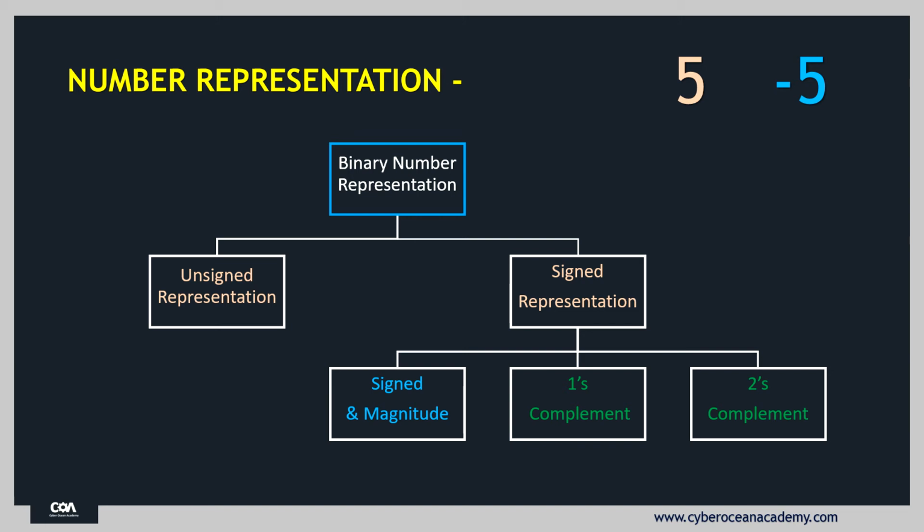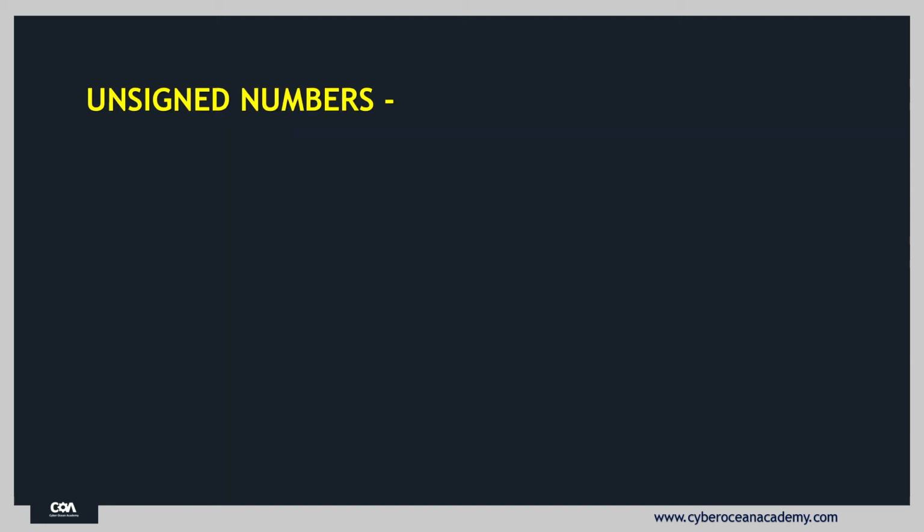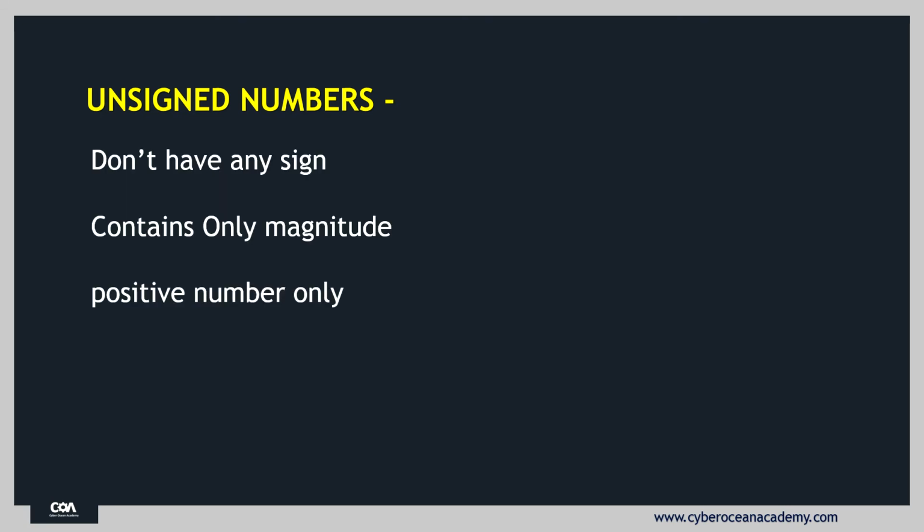Let's understand the basic things, like what is a signed number and what is an unsigned number. Unsigned numbers do not have any sign. They only contain magnitude, so positive numbers only are in the category of unsigned numbers.